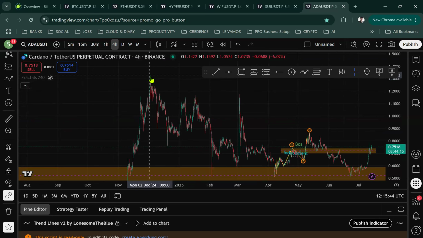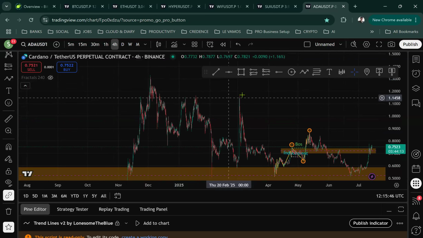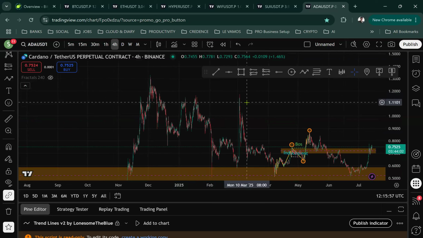It might not necessarily be, because the trend might have changed back to uptrend. So that's why it's important to mark from the highest point. I see. So the highest point is this one.